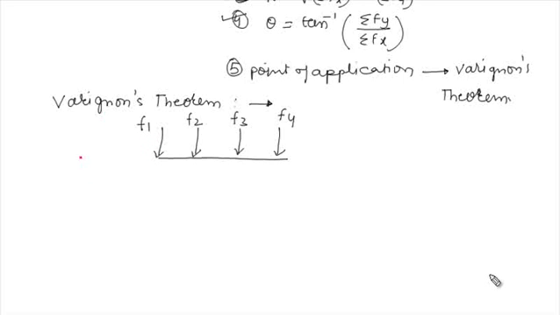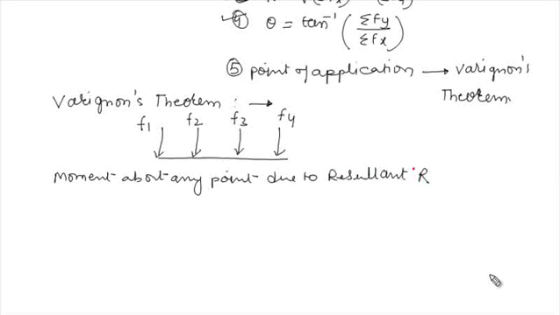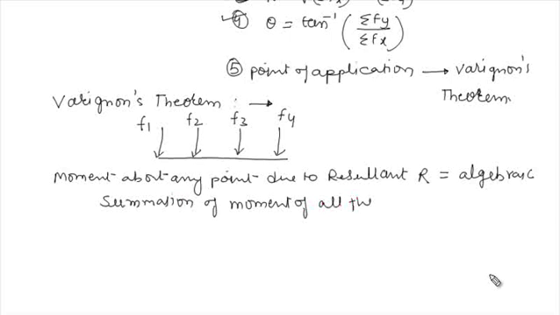So Varignon's theorem says the moment about any point due to the resultant R is equal to the algebraic summation of moments of all the forces about the same point.